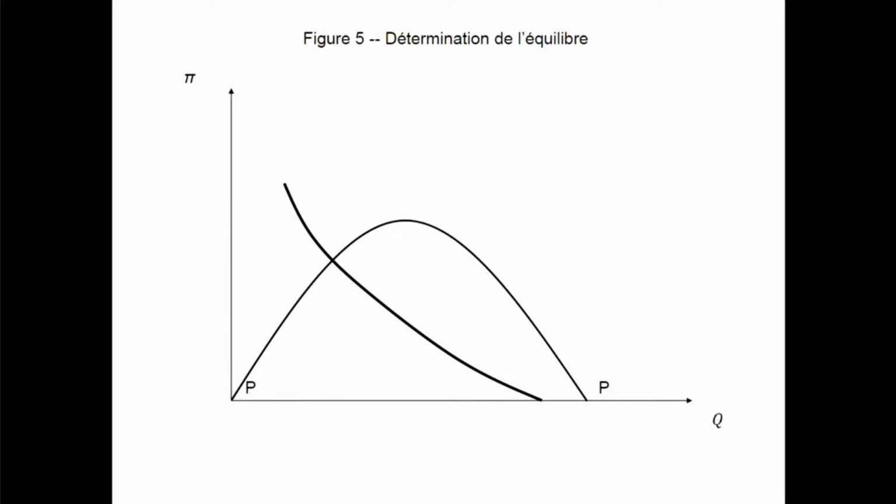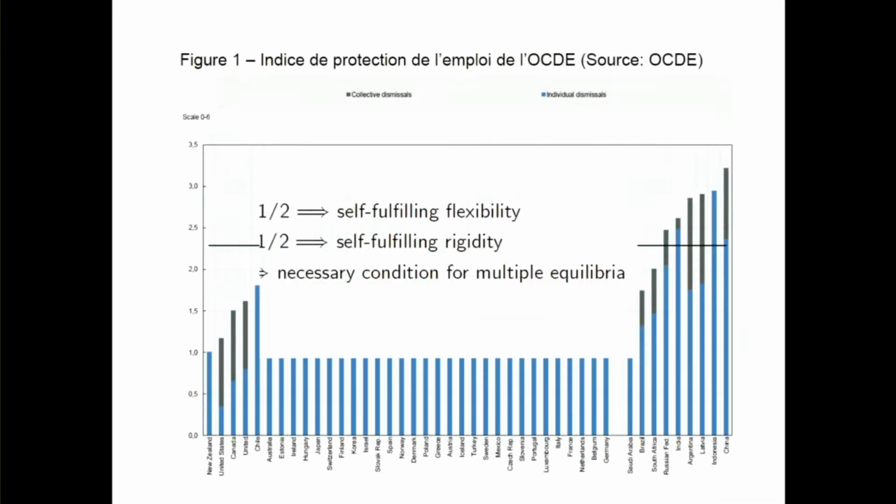One is this ham-shaped PP curve, which tells you how people set pi as a function of the number of vouchers, okay, Q. And then there is this decreasing relationship, which tells you how many vouchers the government is going to issue as a function of the intensity of the social network. And this determines the equilibrium, okay? Perfect.